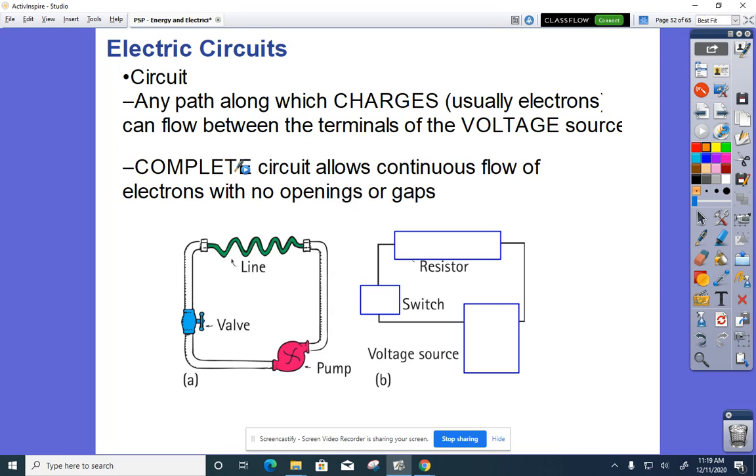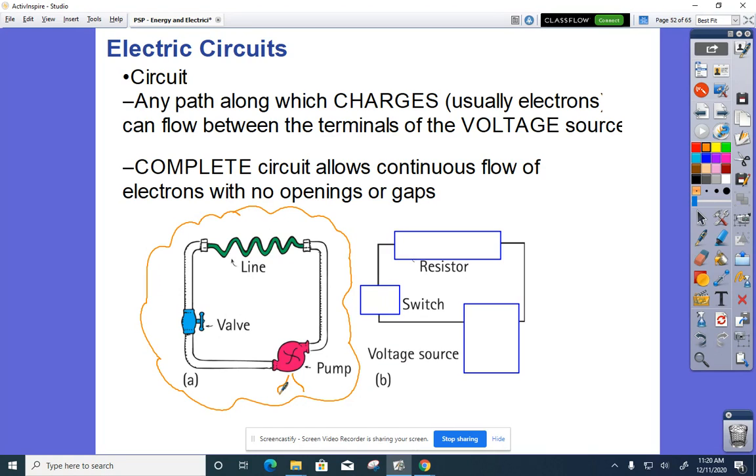Now, oftentimes we use a mechanical analogy to understand how circuits work. It's a little easier to visualize what's happening with a mechanical setup than with an electrical setup. Nonetheless, any kind of mechanical flow is going to require some energy source. The energy source for a mechanical system would be this pump. And of course, that pump is probably plugged into some sort of electrical outlet to provide electrical energy, but that pump is there to drive the water through the system.